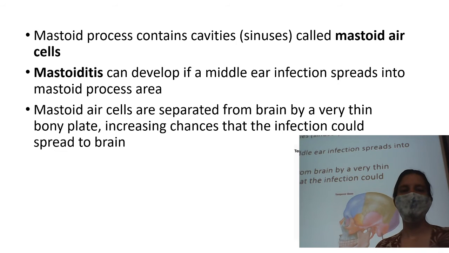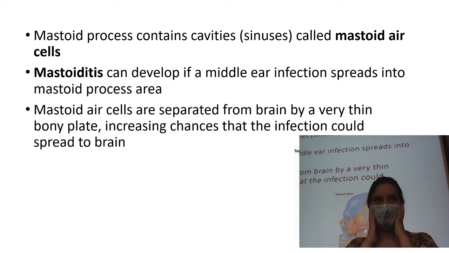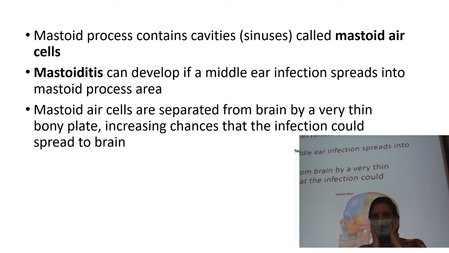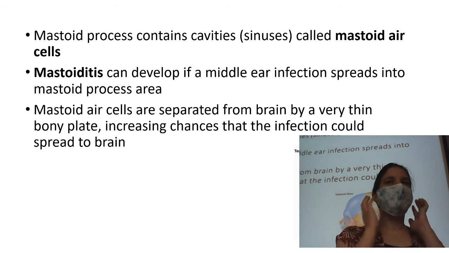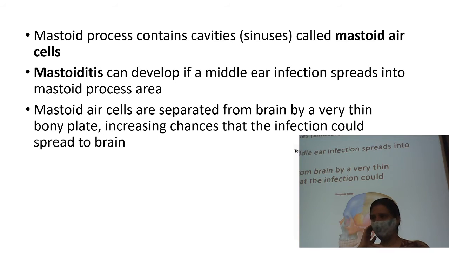This is wonderful. The problem is, your ears can get infected often. They're a hole, they're open to the outside, they're warm, things can live there, right? You can get infections there. The problem that becomes scary with this is that a middle ear infection can jump up to the mastoid process area pretty easily because it's kind of porous.